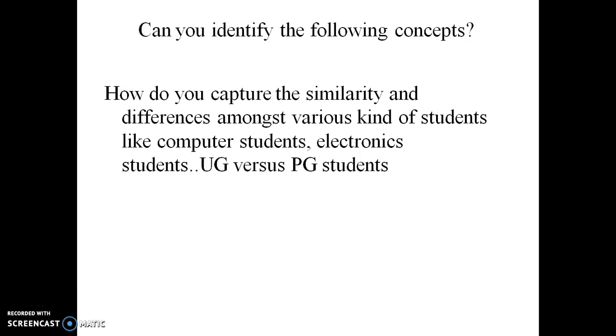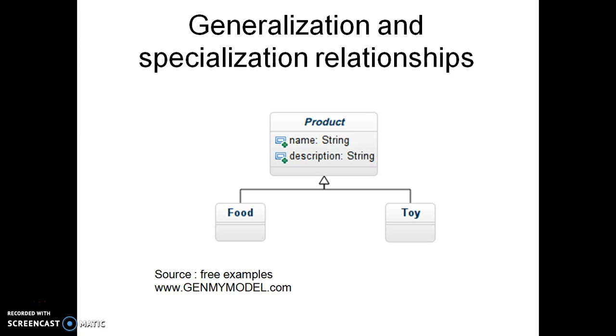So, can you identify the following concept? How do you capture the similarity and differences amongst various kinds of students, like computer students, electronics students, or undergrad students and postgrad students? Typically, again here, the concept involved is inheritance or the relationships, generalization, specialization.